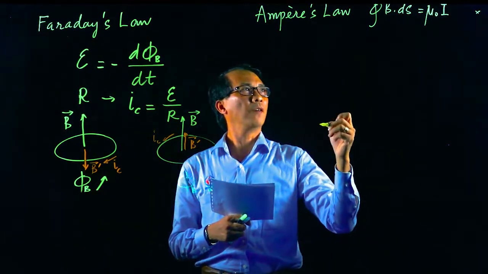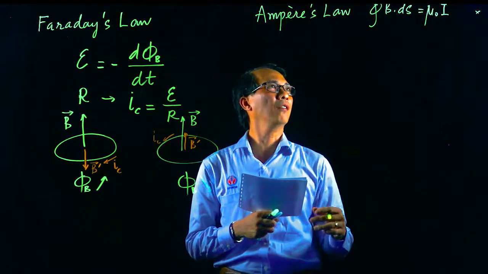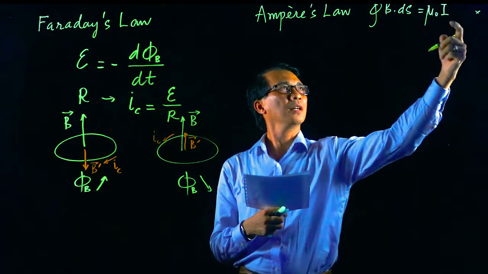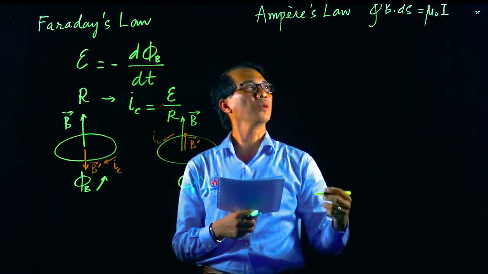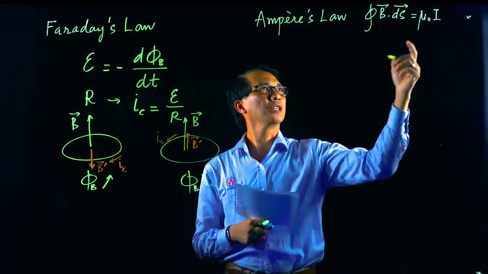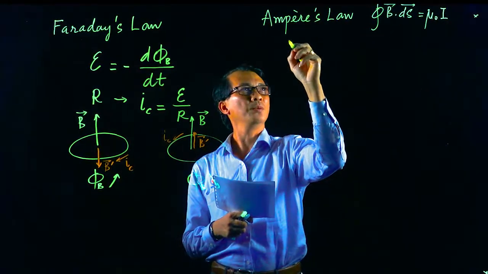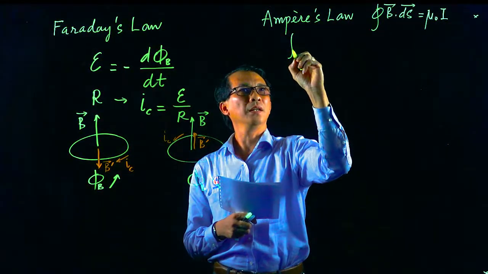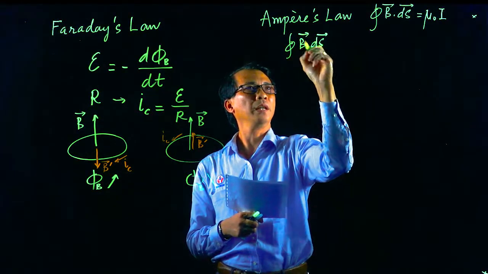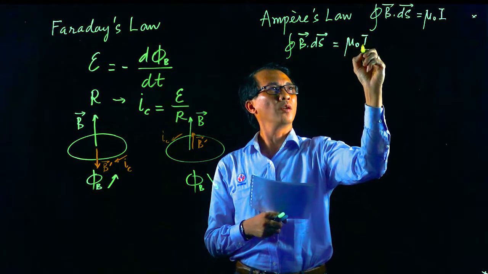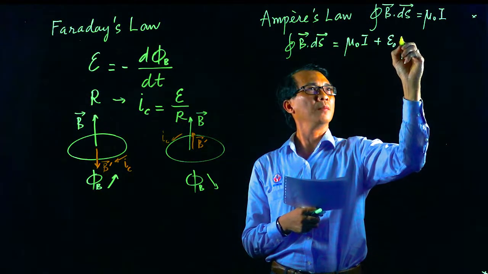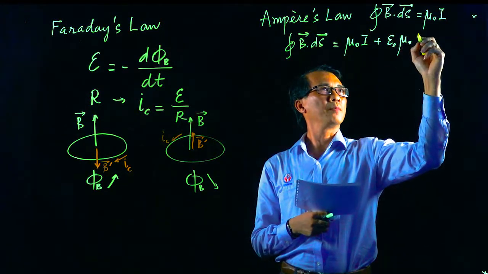But for a changing or varying electric field, Maxwell expanded this normal current with another one. He called that the displacement current. So we get the new equation: the integral of B ds will be the normal current plus the term for the displacement current.